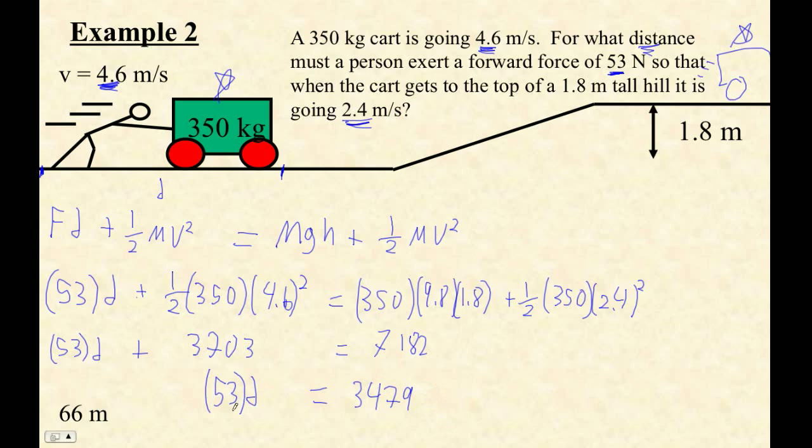And now I just divide. When it's multiplied by that, you want to divide, right? So that divided by 53, and I get that d equals 65.64 meters. Now we only have 2 digits there, and 2 digits there, and 2 there, right? So we have to actually round that. That's about 66 meters.